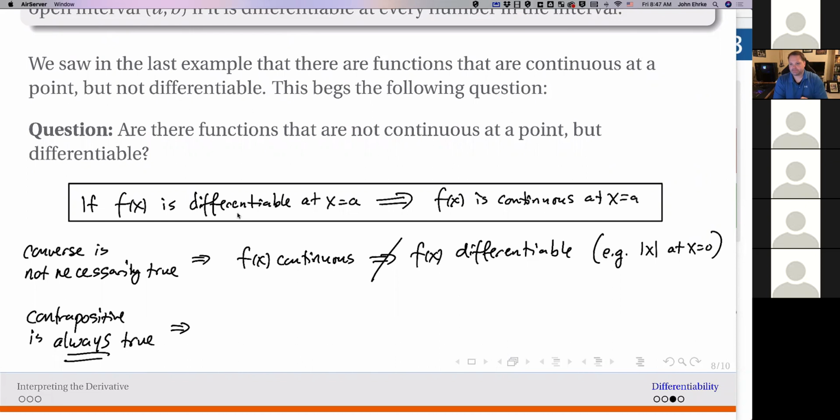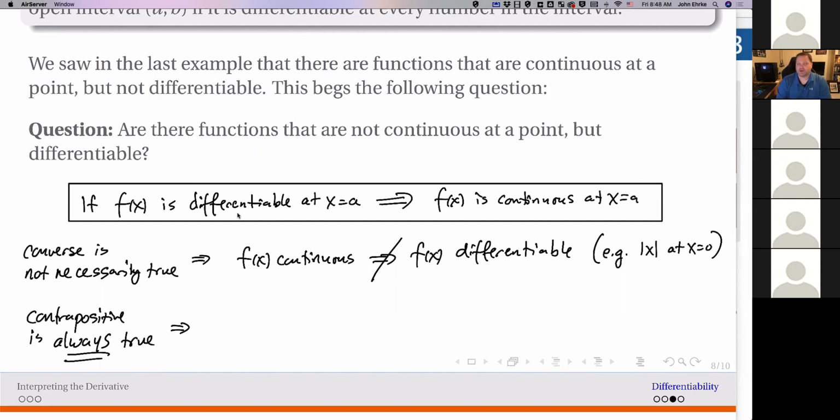What does it say? Negating means taking the opposite of what it says. The opposite of is continuous is not continuous. So reverse it, negate it. What does it say?